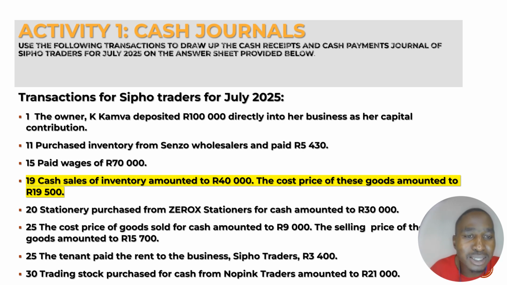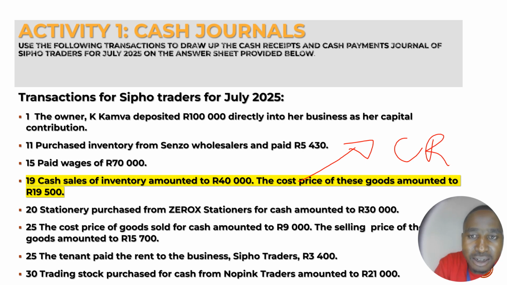Now when you're doing this transaction of cash sales, you must always remember that we record that transaction on the CRJ, whenever you are selling goods and you are receiving money in return. So we'll record that transaction on the CRJ.